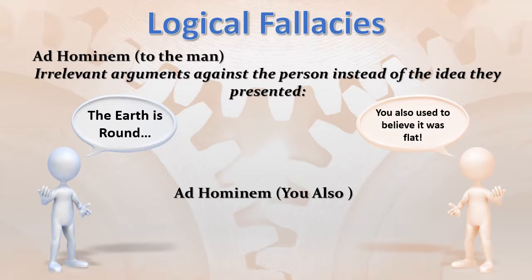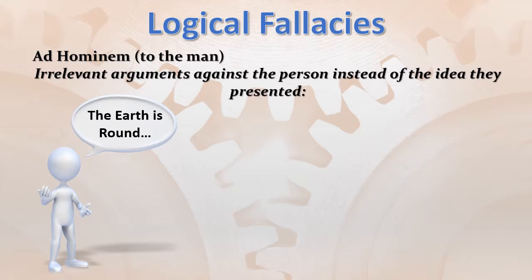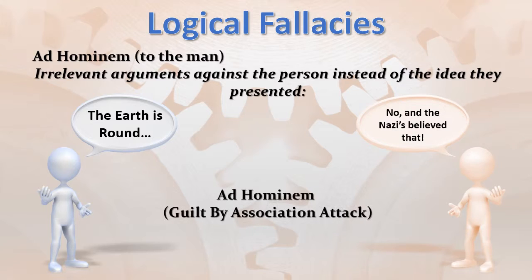The fact is, changing your mind in the past does not make your present argument wrong. If Joe went on to say, "No, the earth is flat, and the Nazis believed that it was round," Joe used an ad hominem guilt by association attack instead of discussing why he disagreed that the earth is round.